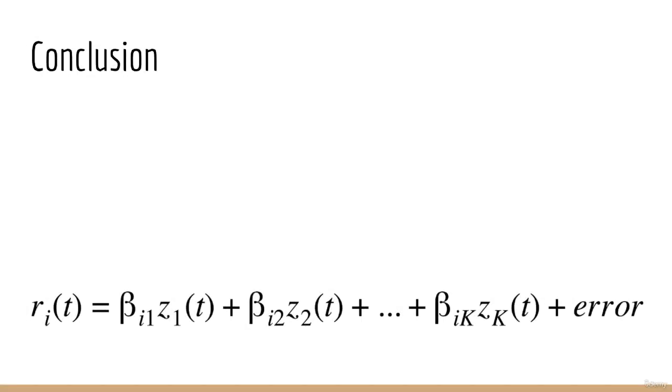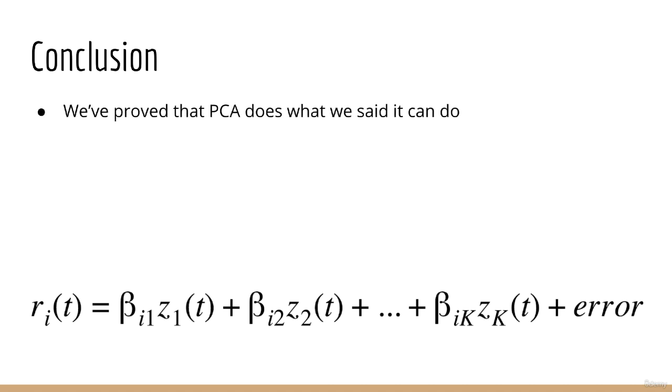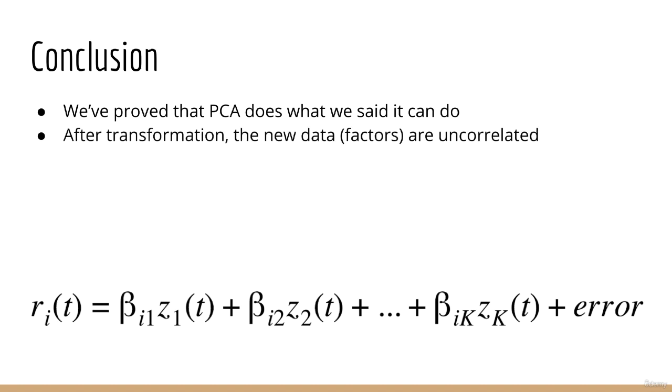Okay, so that concludes our derivation of principal components analysis. In this lecture, we proved that PCA has the properties we described in the previous lectures, and therefore is suitable for the tasks that we claim that PCA can do. As you recall, these properties were that when we transform the data, the new data is uncorrelated.